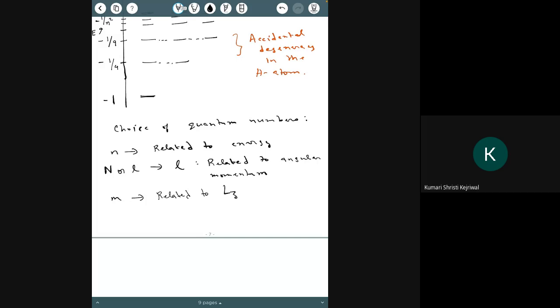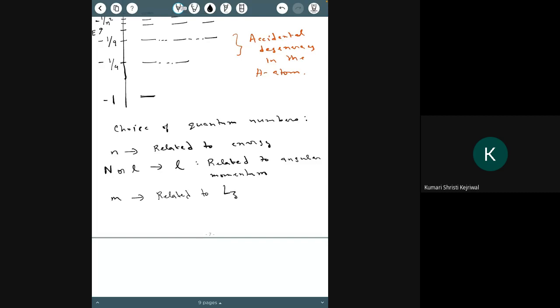If you include the spin quantum number, that is like an addition. So here we are solving the non-relativistic Schrodinger equation, so the spin quantum number does not arise directly from the equation. But knowing that there is spin, you can assign a spin quantum number.